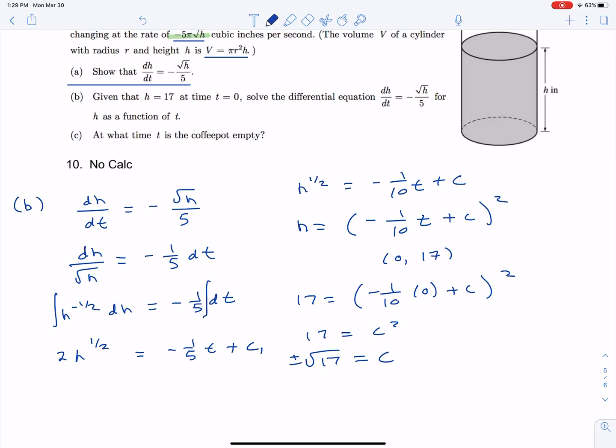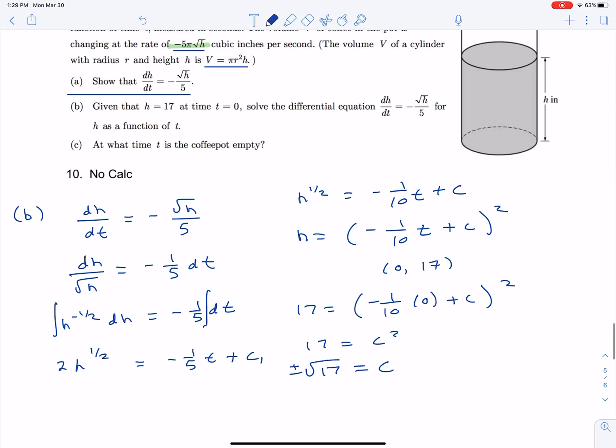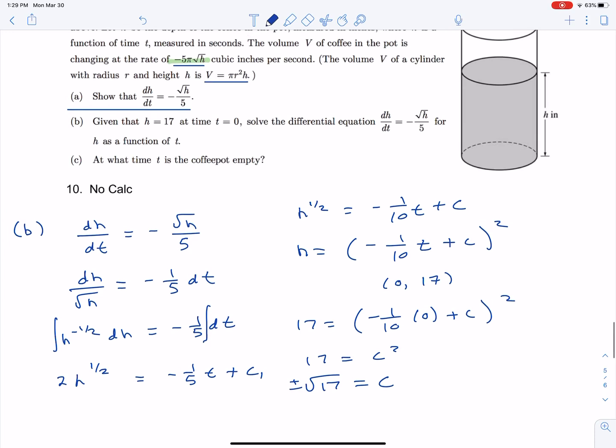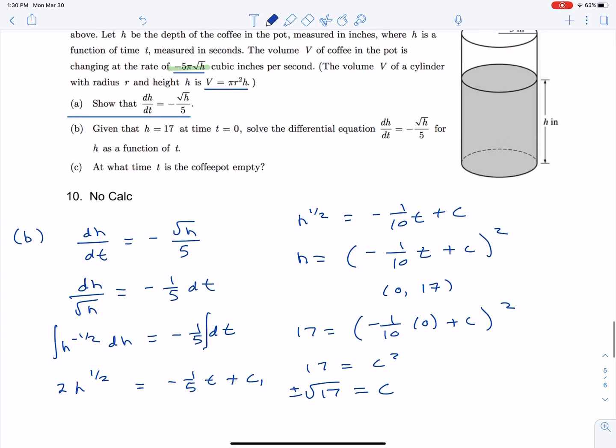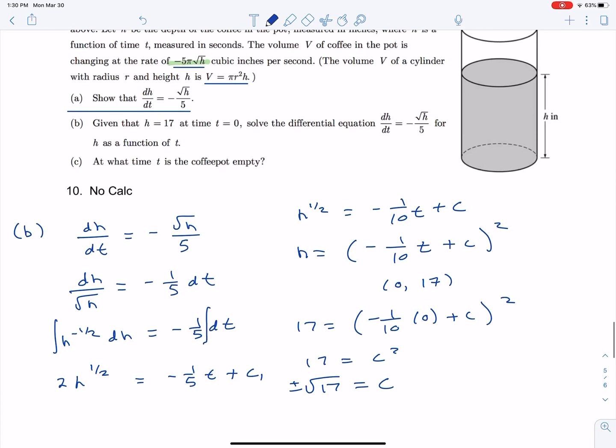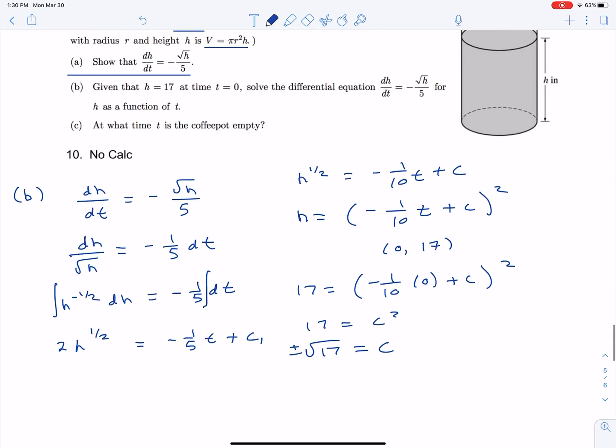Technically it is plus or minus, but we can get rid of the negative because this is representing the volume of something, so you're not going to have a negative root 17 in here. That doesn't make sense in the context of this problem. So I take that root 17 and plug it into this formula, and I get h equals negative 1/10 t plus root 17, all squared.